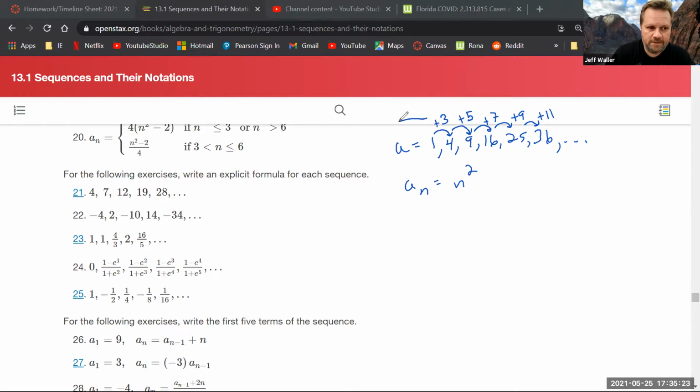What sequence is this? Odd numbers. Has anyone ever seen that before, that all the square numbers are separated by the odd numbers in order? Have you ever seen that before? Anybody?